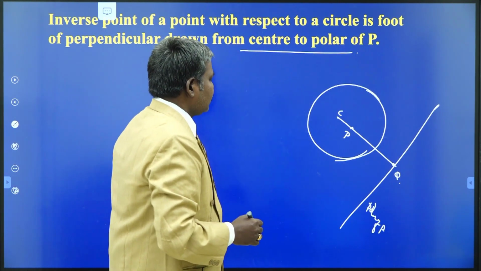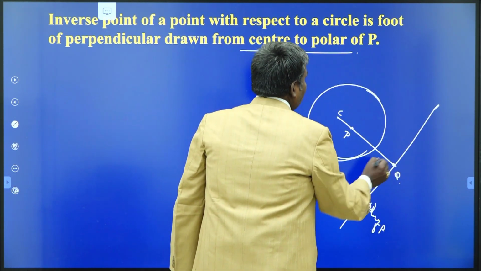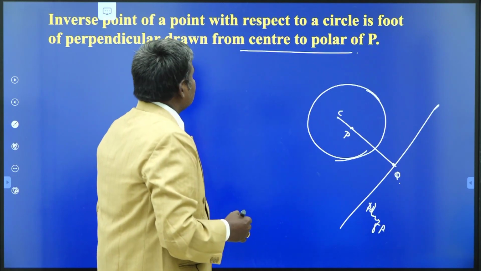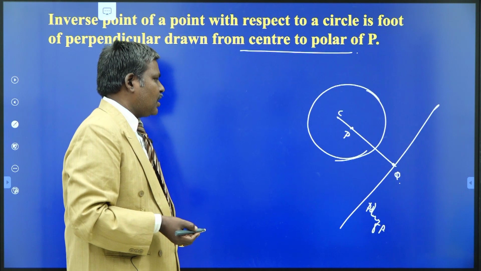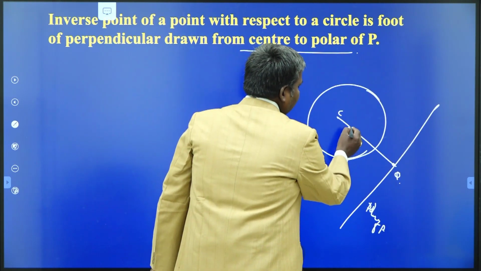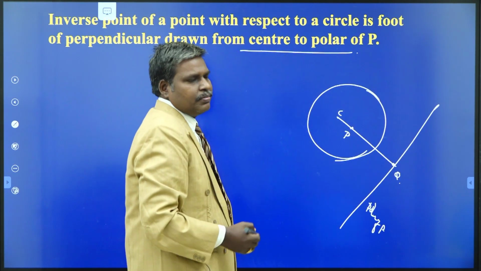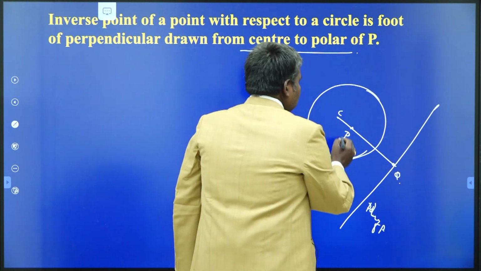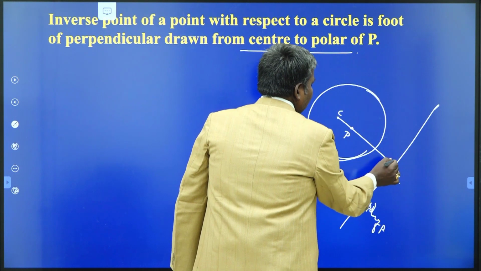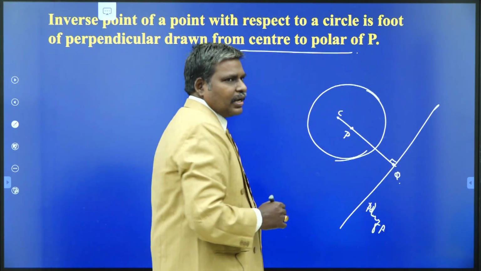What they have given? This is the foot of perpendicular drawn from where to where? From the center to the polar of P. Or you may take P to the polar of P also, because C, P, Q are collinear. My dears, the line joining C and P and the polar are perpendicular to each other or not?